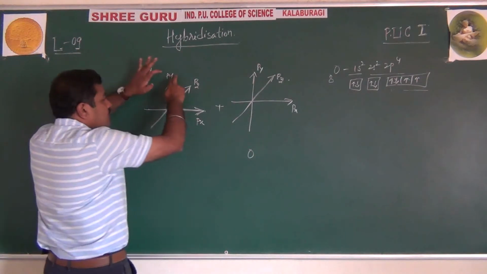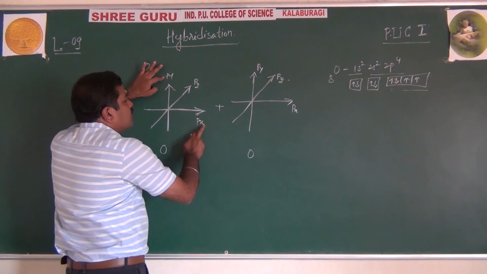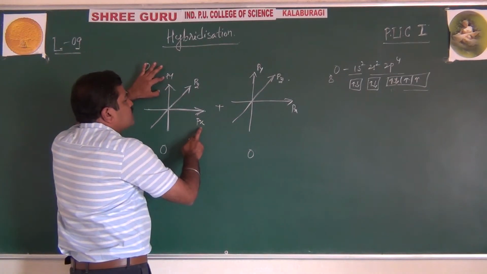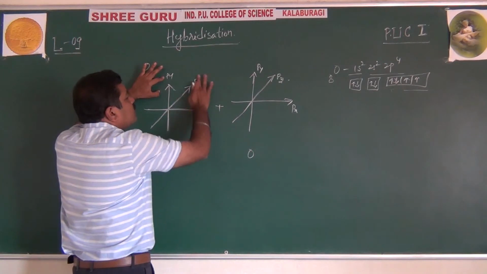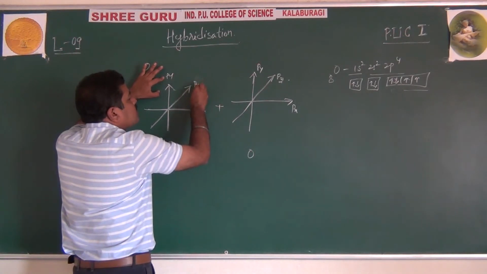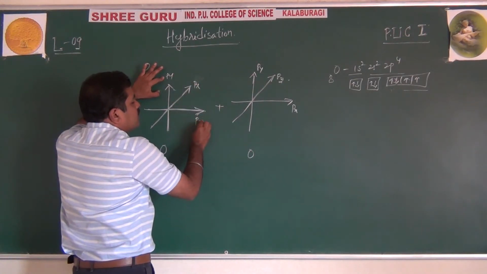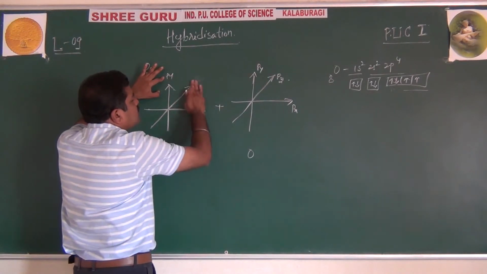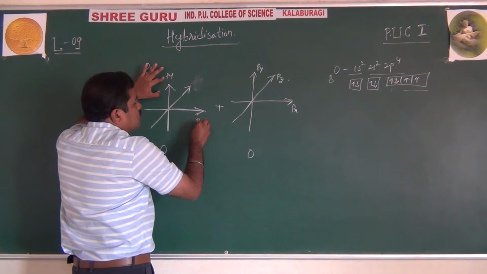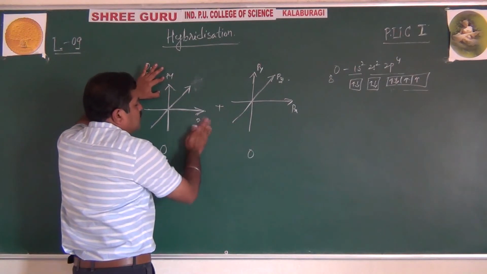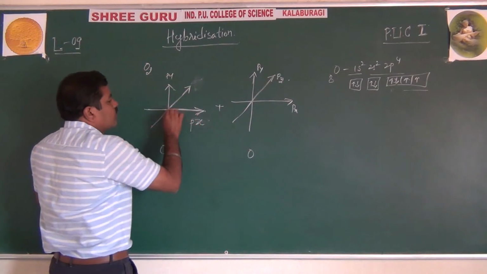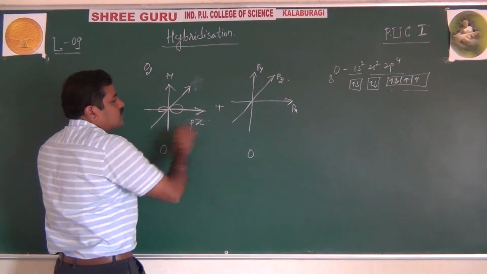Suppose these can be interchanged, as py, and this as pz, or this as px and this as pz, or else you can make it px only. Now you see, orbitals overlap like this.